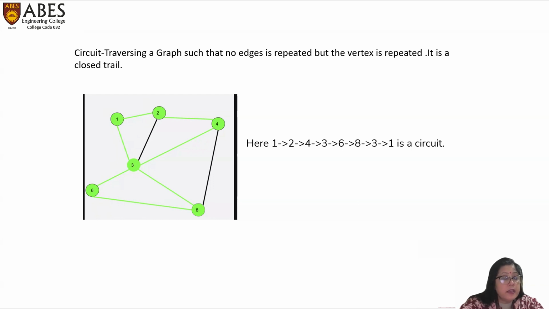Here again we see a closed trail, which is also called a circuit: we move from vertex 1 to vertex 2, then from 2 to 4, then from 4 to 3, from 3 to 6, from 6 to 8, from 8 again to 3, and then to 1. So a closed trail is also called a circuit.